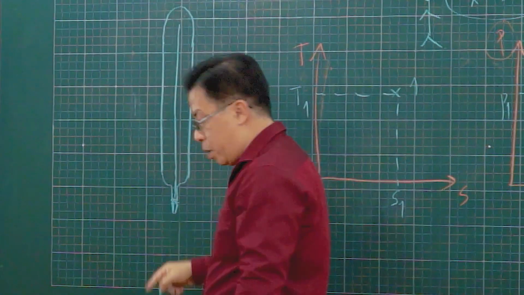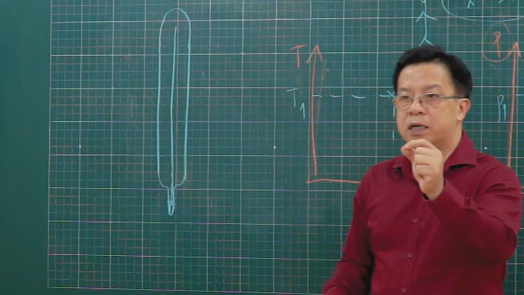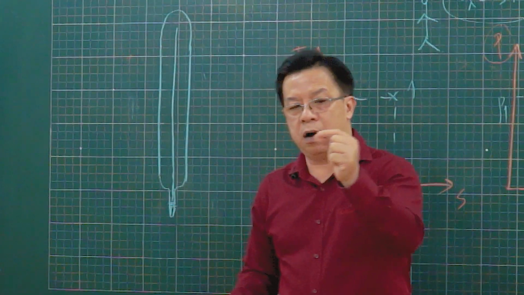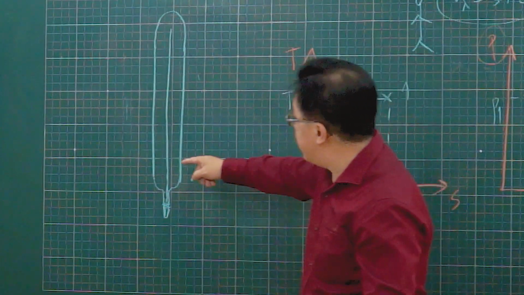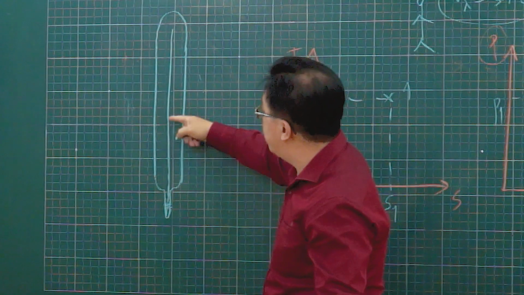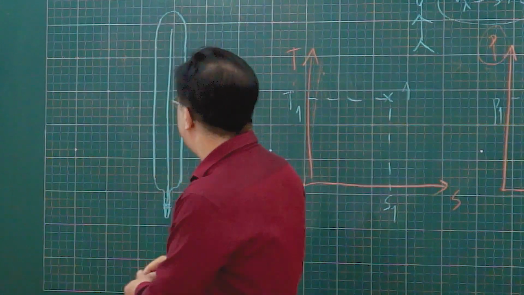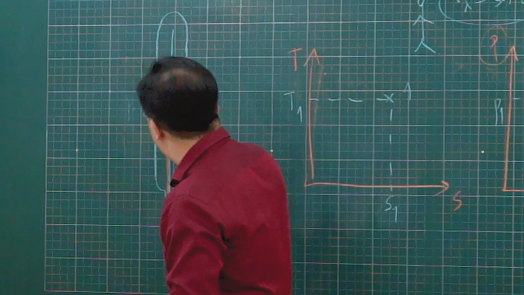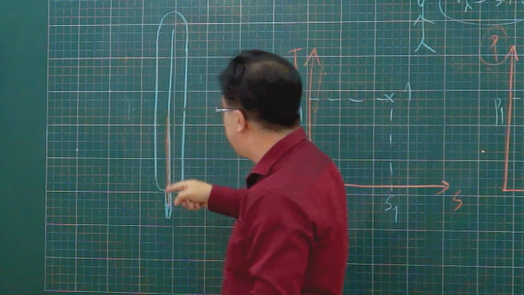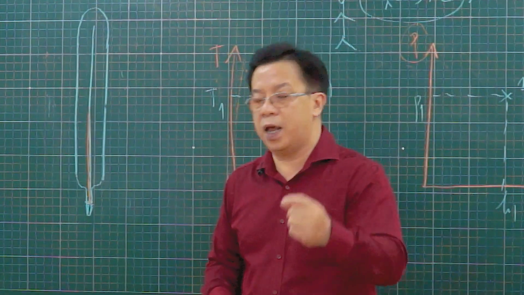The top we just cover with silver in order to contact the place or object whose temperature you want to measure. And inside here we can put the mercury, or you can put the alcohol. If you put the alcohol, it will have a red color. If you put the mercury, it has a silver color.